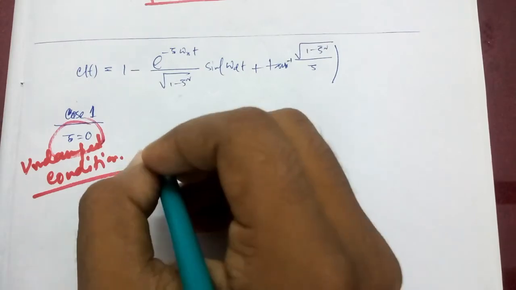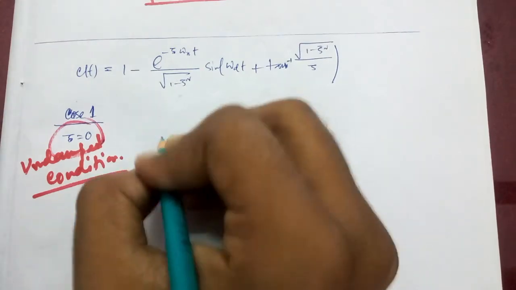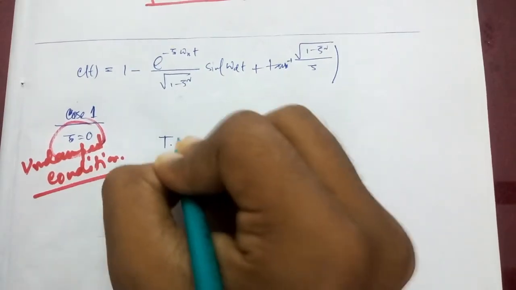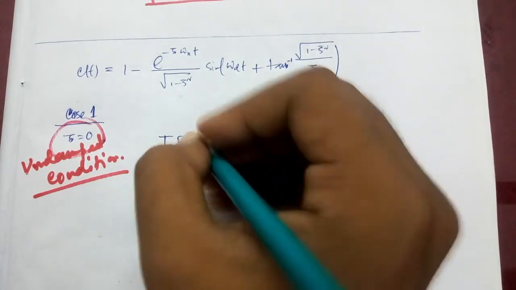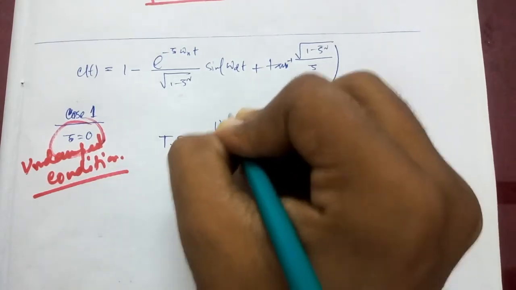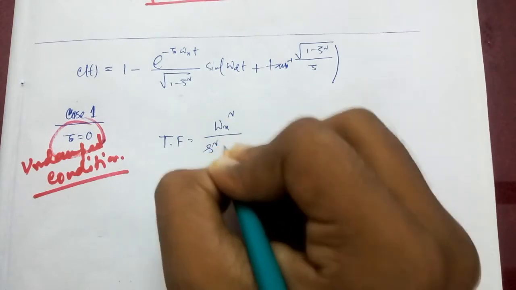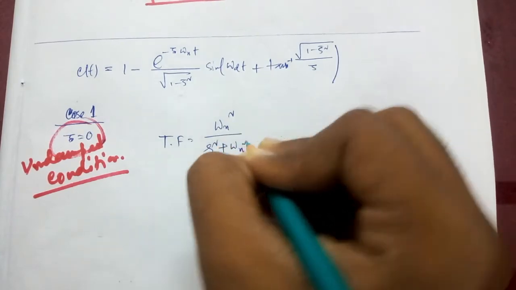In that case, if I replace the value of zeta in the transfer function, it will be omega n square by s square plus omega n square.